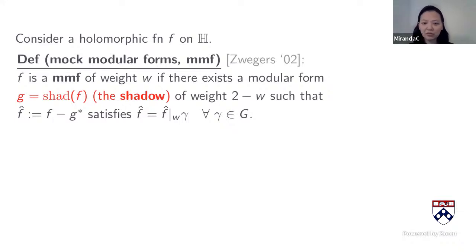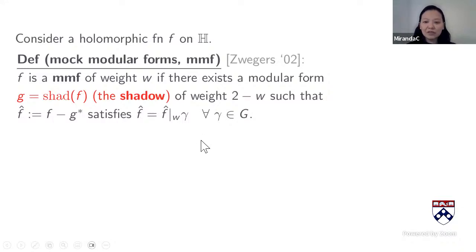Again, usually I'll take it to be a cusp form, and of the dual weight, meaning the weights sum up to 2, such that if you take this linear combination between this holomorphic function and this non-holomorphic function given by the non-holomorphic Eichler integral of this other shadow form, then you get what's called the f hat. We call it the completion oftentimes. And it is not holomorphic, but it transforms like a modular form. Okay, so that's the definition.